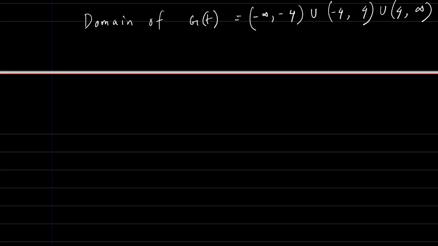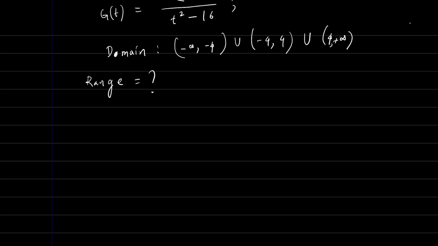What about the range? So our function was g of t equals 2 over t square minus 16. Now that we have the domain, I have to calculate the range. Here we can see we have three intervals: from minus infinity to -4, -4 to +4, and 4 to infinity.